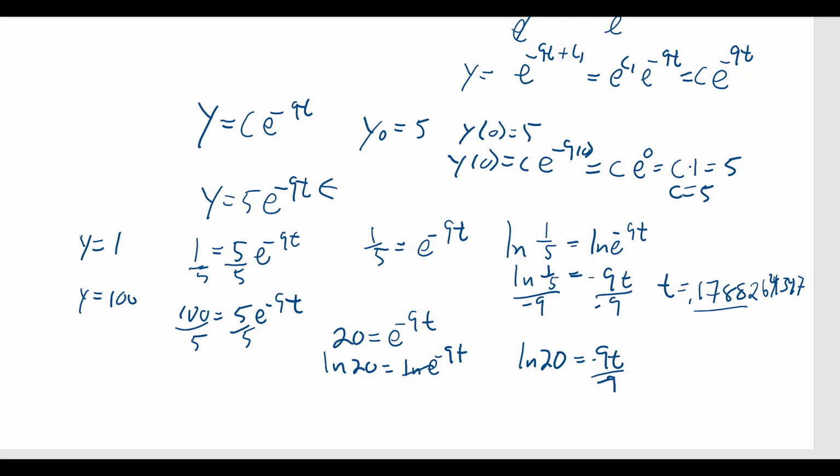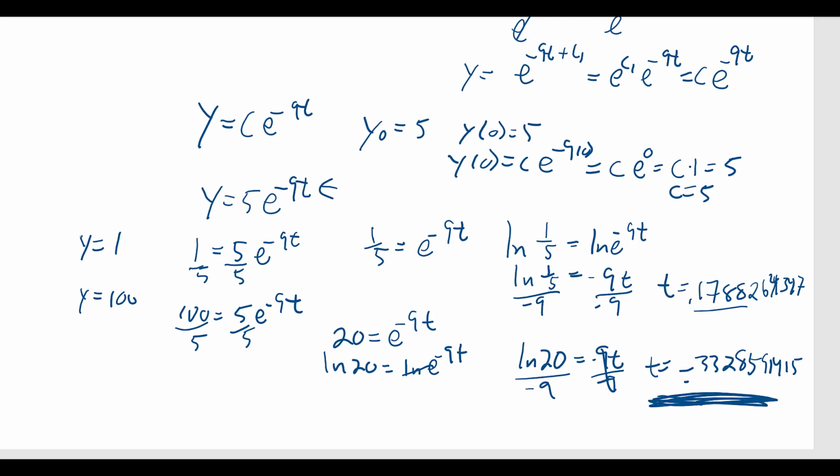Divided by negative 9, t equals, on the calculator, natural log of 20 divided by negative 9, and I get negative 0.3328591415.